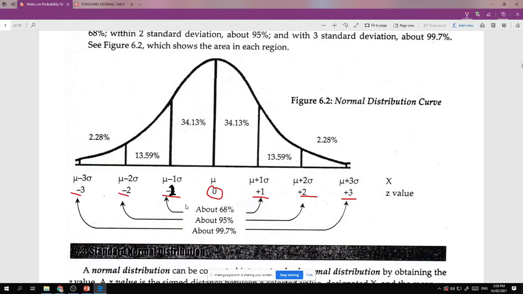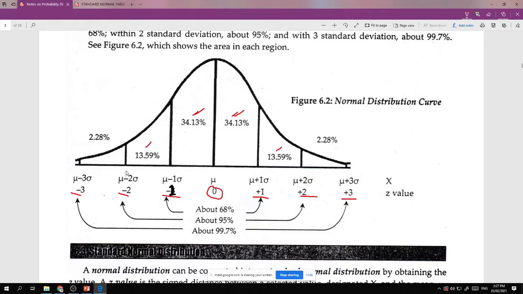So if I'm going to have from negative 1 to positive 1, this is approximately 68%. I added these two here. If I'm going to have from negative 2 to positive 2, I'm adding 1, 2, 3, 4, and I'm going to get 95% for that.